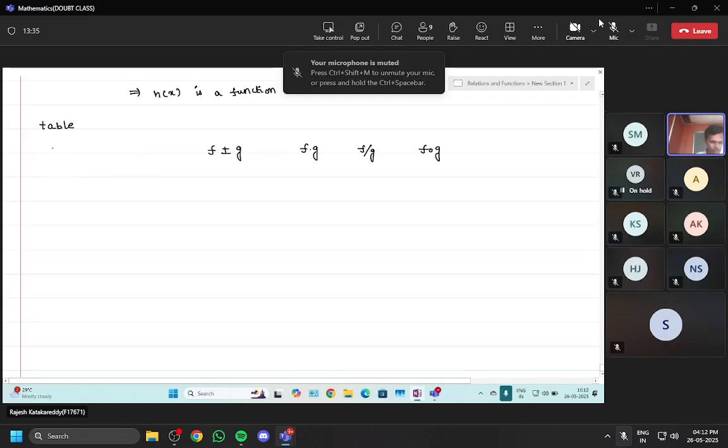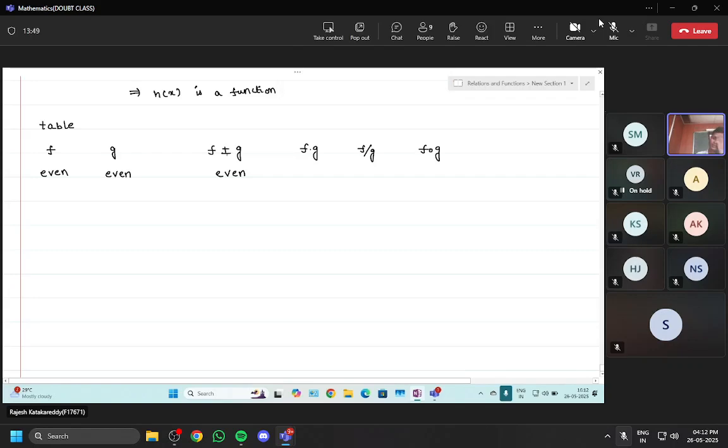So when we are taking two even functions and we are adding them, even and even, adding or subtraction of two even functions, we will get even again. You can take, for example, f of minus x is equals to f of x and g of minus x is equals to g of x.